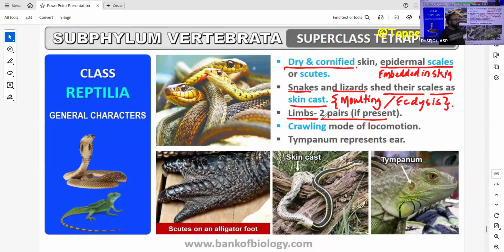The proof of them having limbs can be seen in the case of python, boa, anaconda.